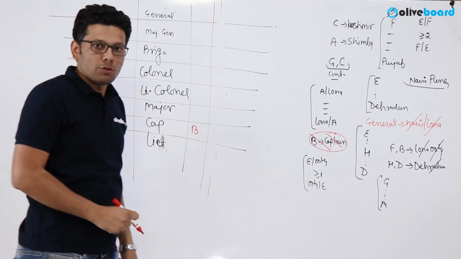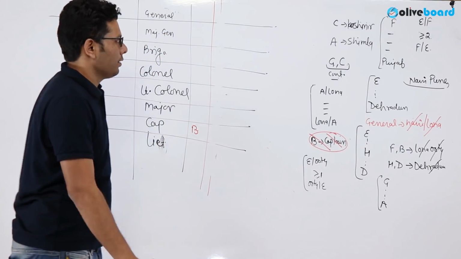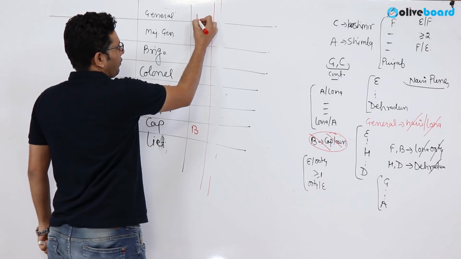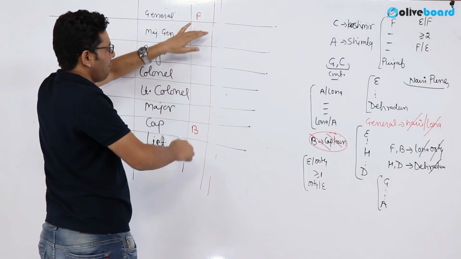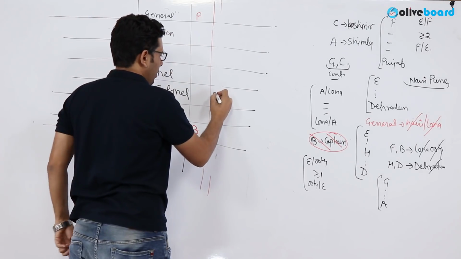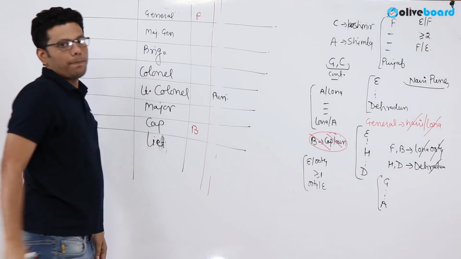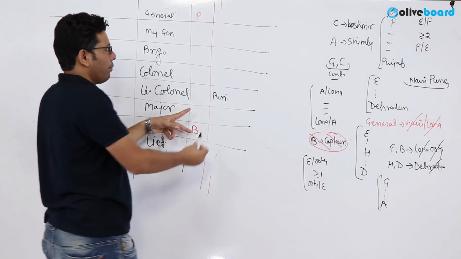Let me draw the 4 possible cases. So this would be F. If this is F, then there are 3 persons between, 1, 2, 3, and then this would be Punjab. This is one possible case.